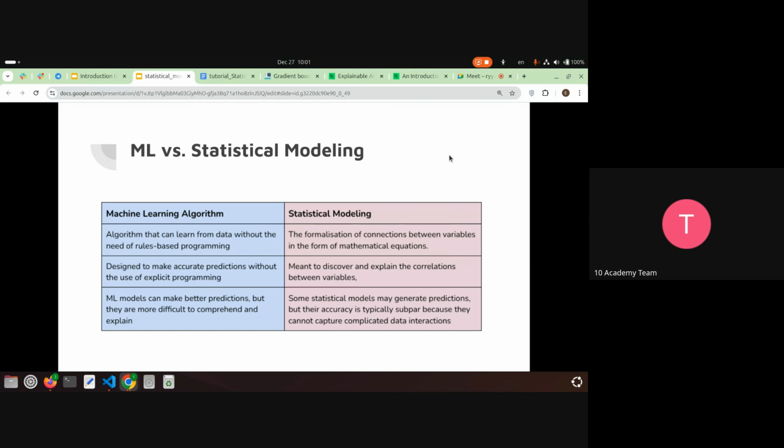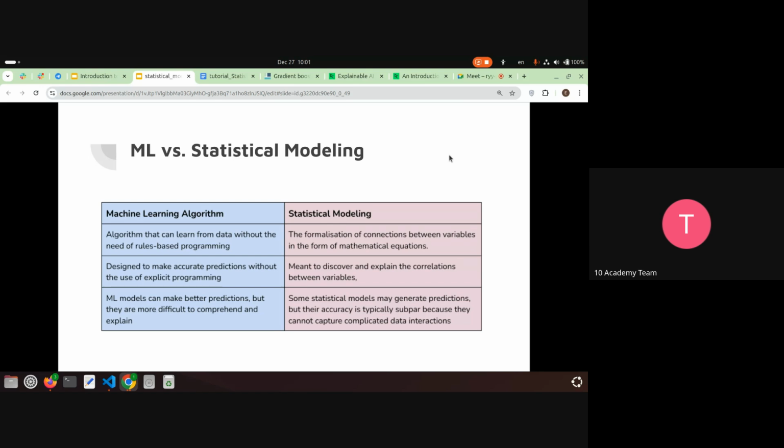Statistical modeling is more concerned with understanding and discovering the correlations and relationships between the variables, while machine learning algorithms are usually used to just make correct predictions.